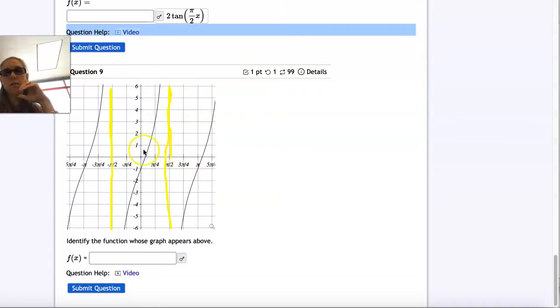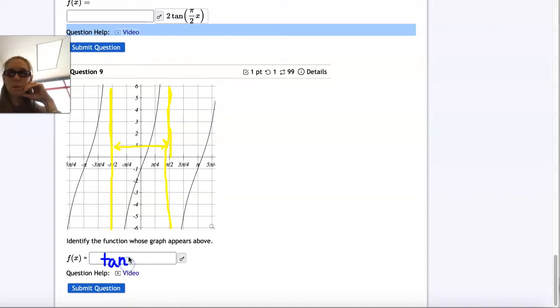And that is your standard tangent graph. A standard tangent graph goes from -pi/2 to +pi/2, and you see that you have an orientation that is the same as a regular tangent graph. So what is interesting about this problem is not a change of period, but a vertical shift.